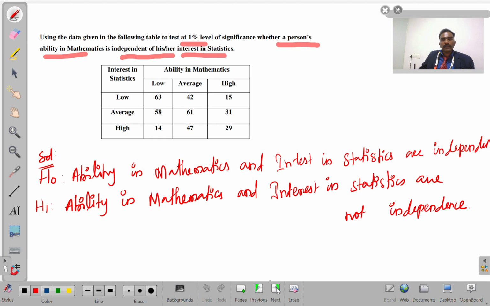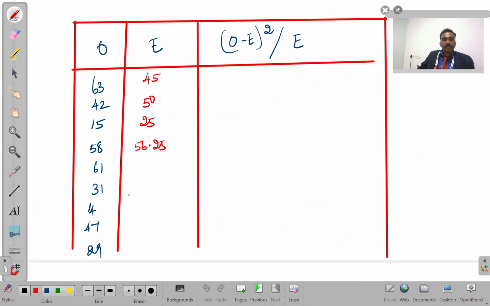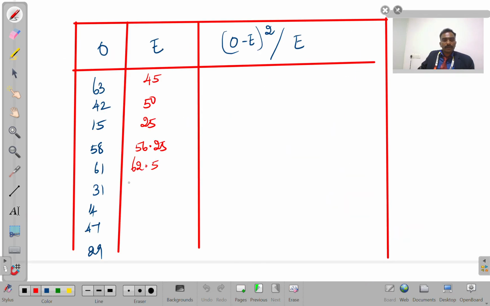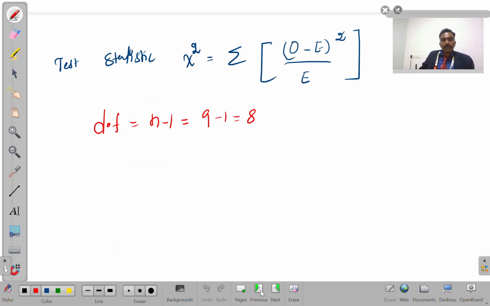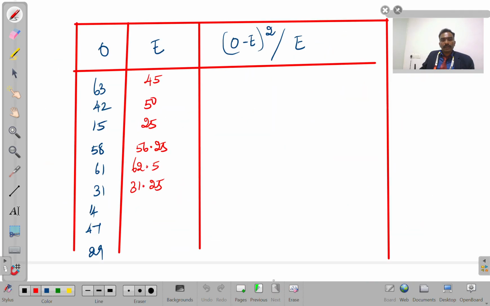The next expected value is 62.5. Next one is 31.25. Then 33.75.